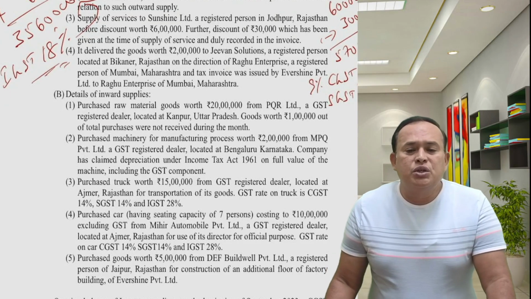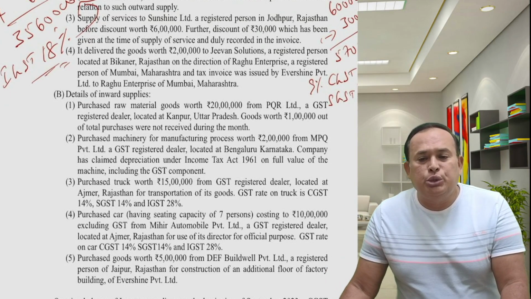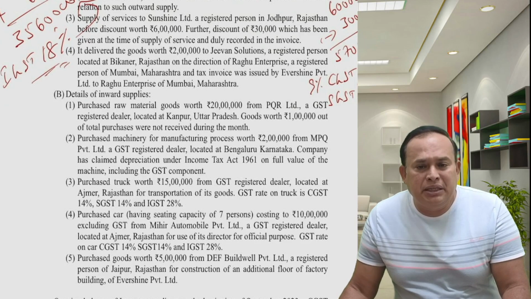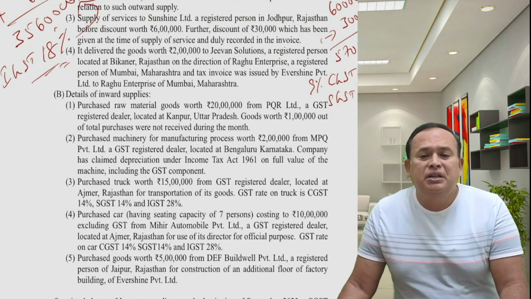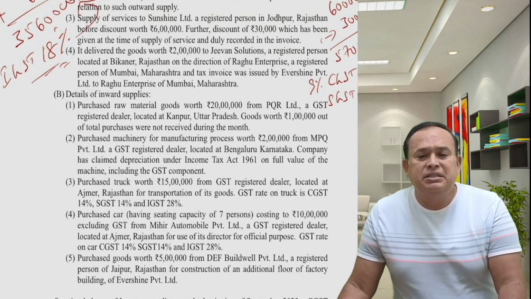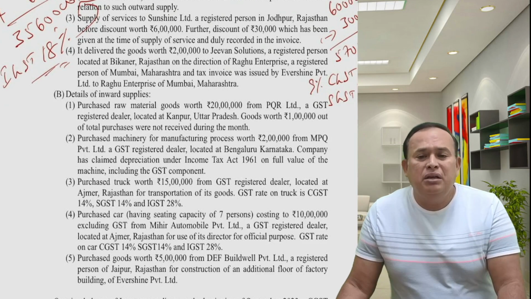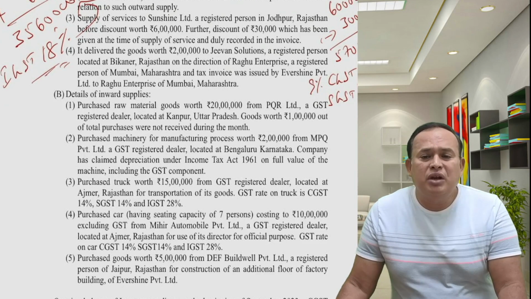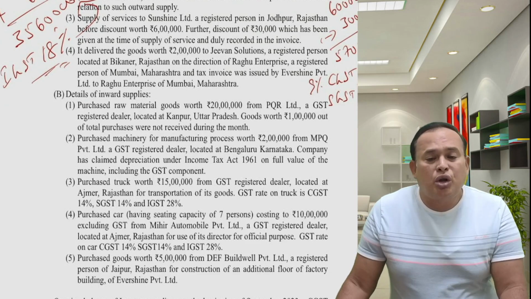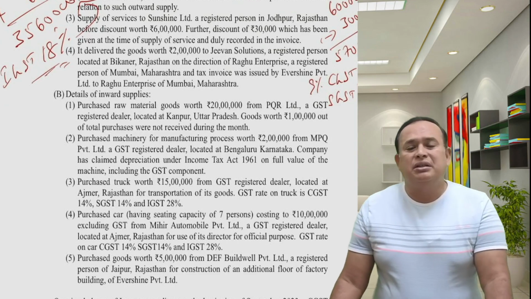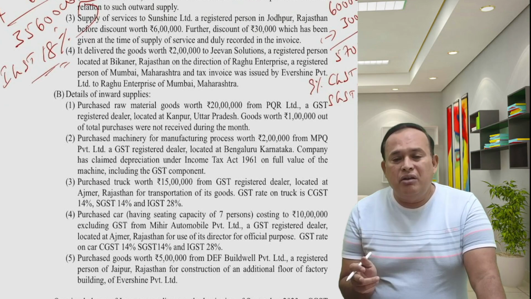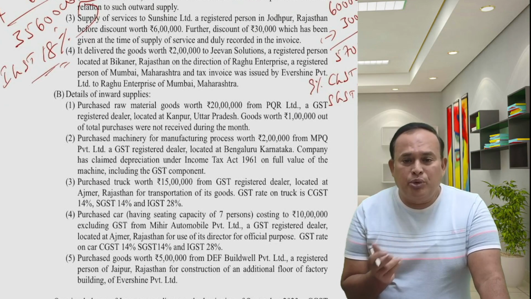It delivered the goods worth rupees 2 lakhs to G1 Solution, a registered person located in Bikaner, Rajasthan, on direction of Raghu Enterprises, a registered person of Mumbai, Maharashtra, and the tax invoice was issued by Evershen Private Limited to Raghu Enterprises, Mumbai, Maharashtra. Here, what happened? Goods are delivered from Jaipur to Jaipur only.